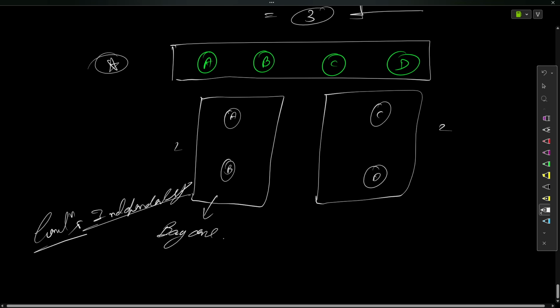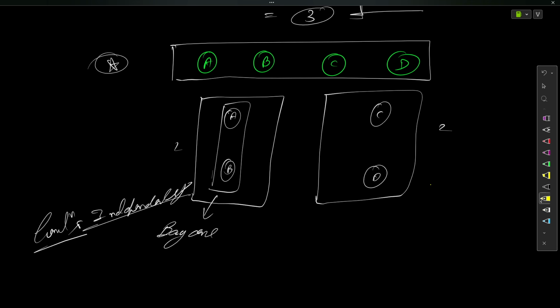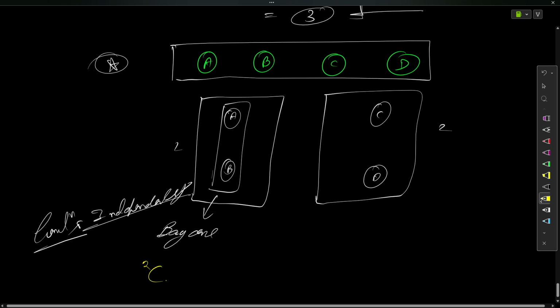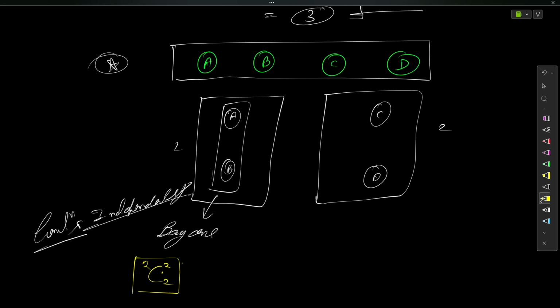So from bag one, the first combination I can see is between A and B, and this can be written as: out of 2 balls, I am choosing the number of possible combinations such that I choose 2 balls. So 2 out of 2 balls. In bag 2, again I have 2 balls, and out of these 2 balls, I am choosing 0.